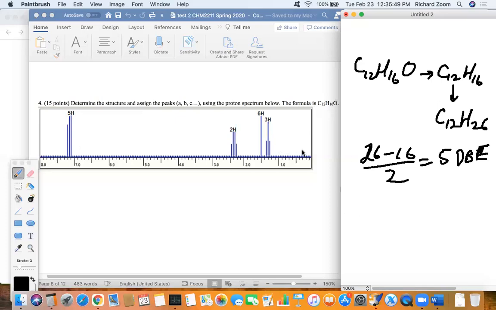So looking at what we have here, we know that we've got C12H16O, and we've got a 5H, that's your aromatic ring, so I'll just make that C6H5. And that's going to cover 4 double bond equivalents, and that's 5 double bond equivalents total. So we know we're going to have 1 left over most likely.